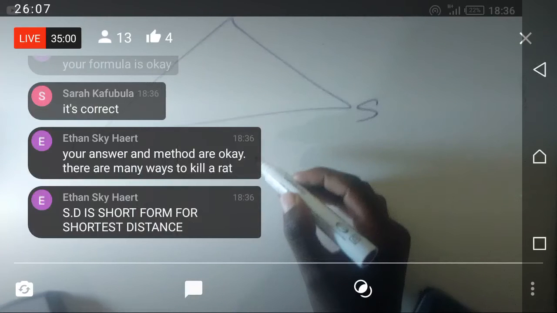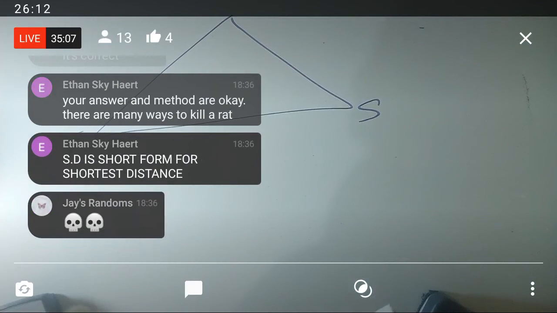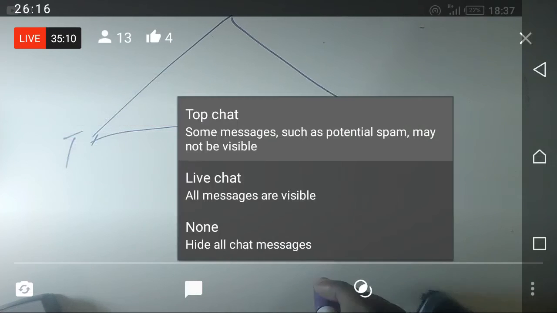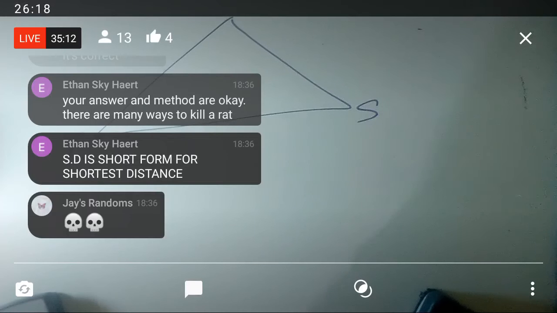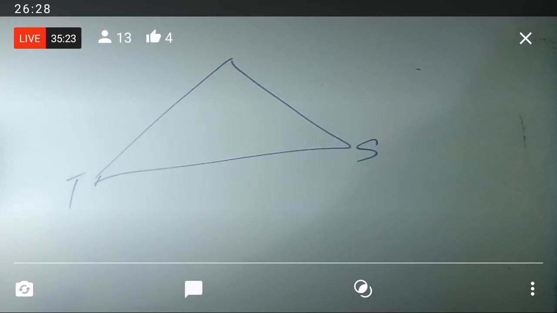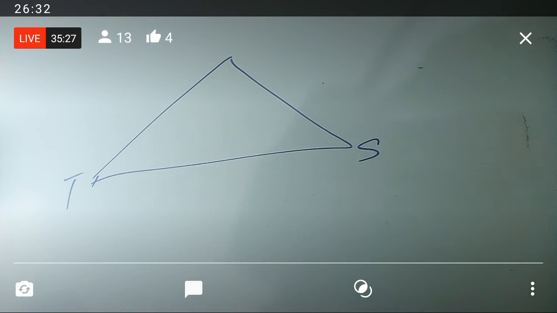Your answer and method are okay. There are many ways to kill a rat. Ethan, but are we finding the same answer when you use your method? Just confirm if we're finding the same answer. Ethan, confirm.